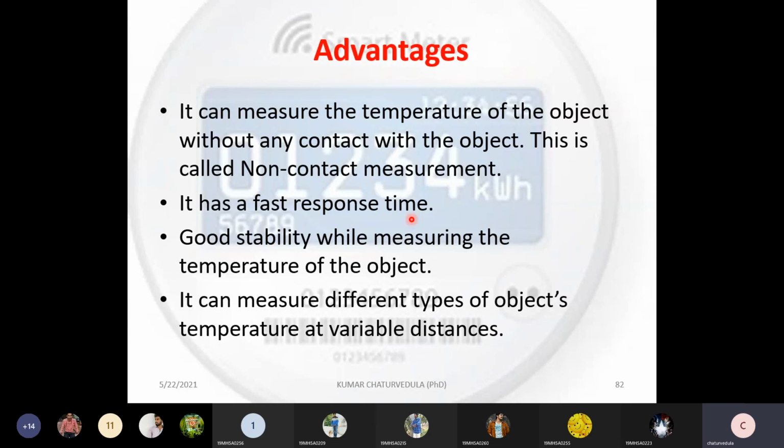So even from far places or variable distance places, you can measure the temperature of a particular body or substance using the pyrometer. But still this pyrometer also has some disadvantages.